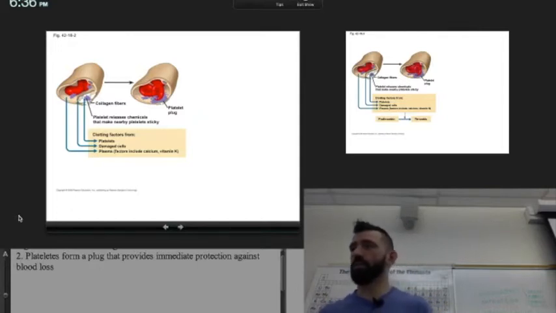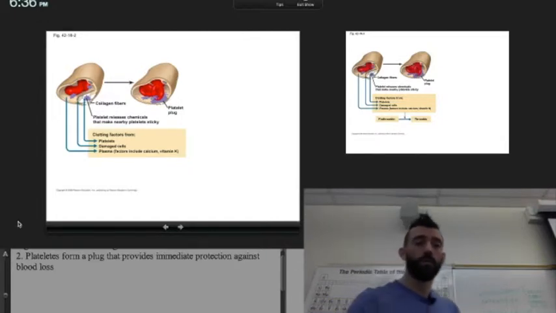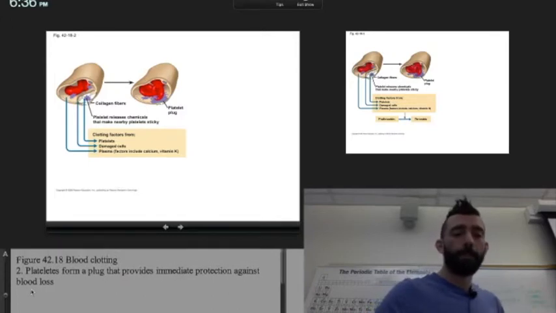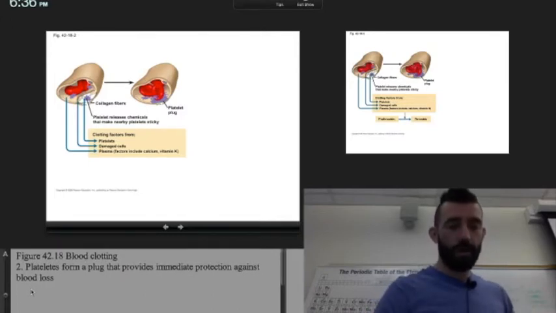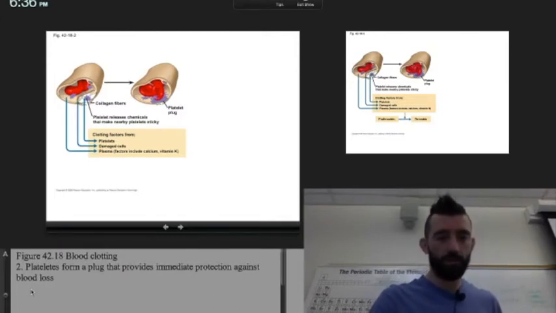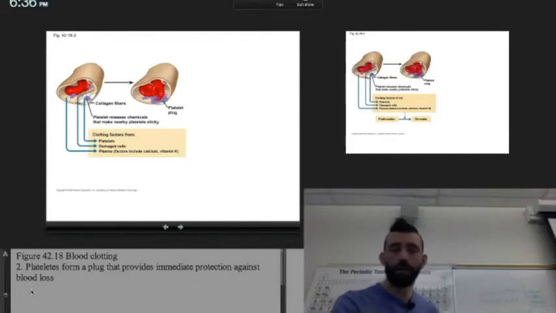Is it always collagen that triggers it? I believe so. Okay, so now we've got our platelet plug.